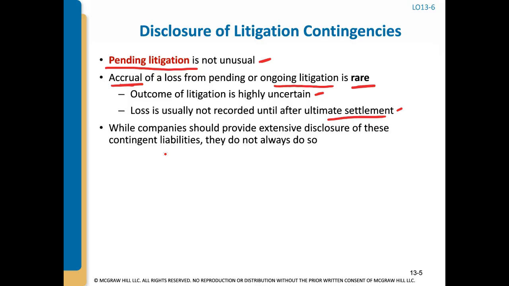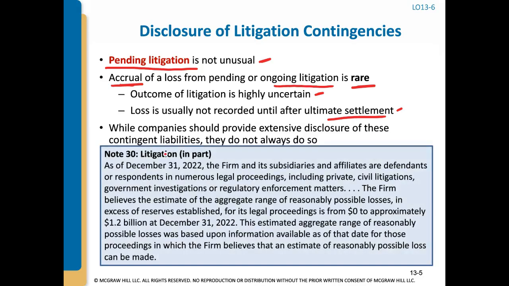But they should provide disclosures if it's probable or reasonably possible that they will not win that litigation. Here's an example from JP Morgan, though they just say the firm. It says, as of December 31, 2022, the firm and its subsidiaries are defendants in numerous legal proceedings, including private civil litigations, government investigations, and so on.